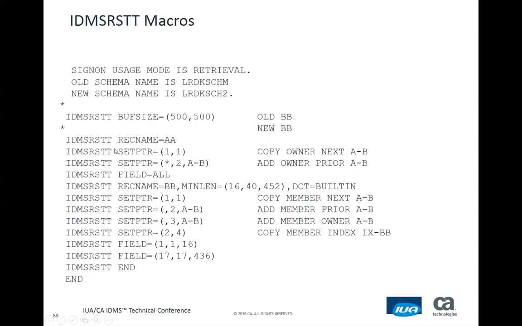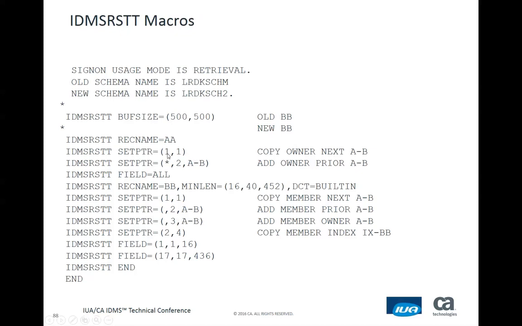Then any changes to the sets involved with a particular record will be identified through IDMS RSTT SET POINTER statements. Any set pointer is telling you about changes with a given set. In this particular case, for the owner, we're going to be adding a prior pointer. So the first thing we're going to do is the existing pointer is a next.